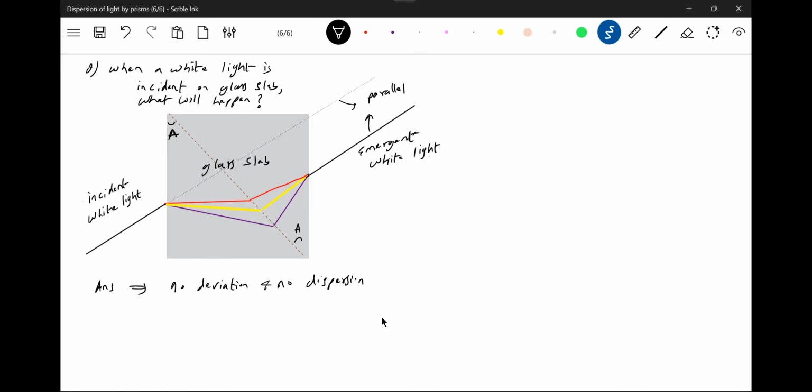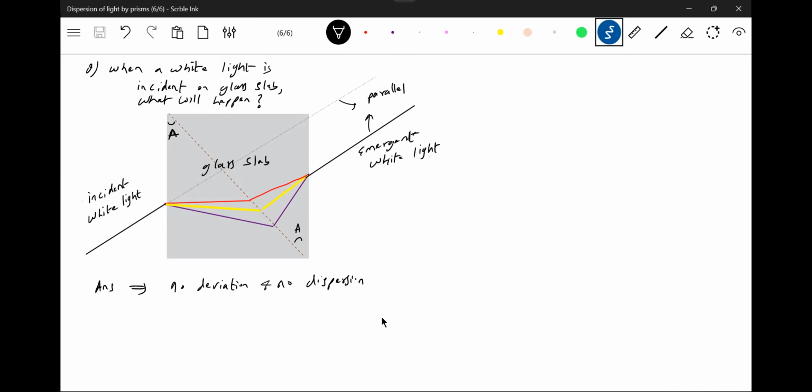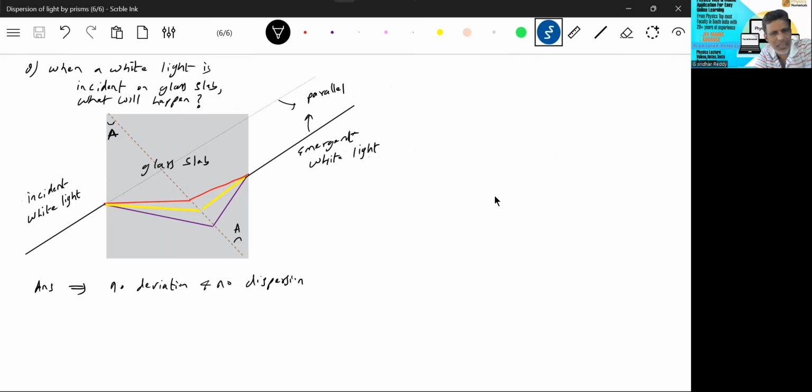Okay, these are the things you must know. These are all some theoretical background. So almost I think I covered the complete theory part which is required for solving the prism problems. In the coming class, I'll come with different types of numericals. Okay, kids, we'll meet in the next class. Thank you, all of you.